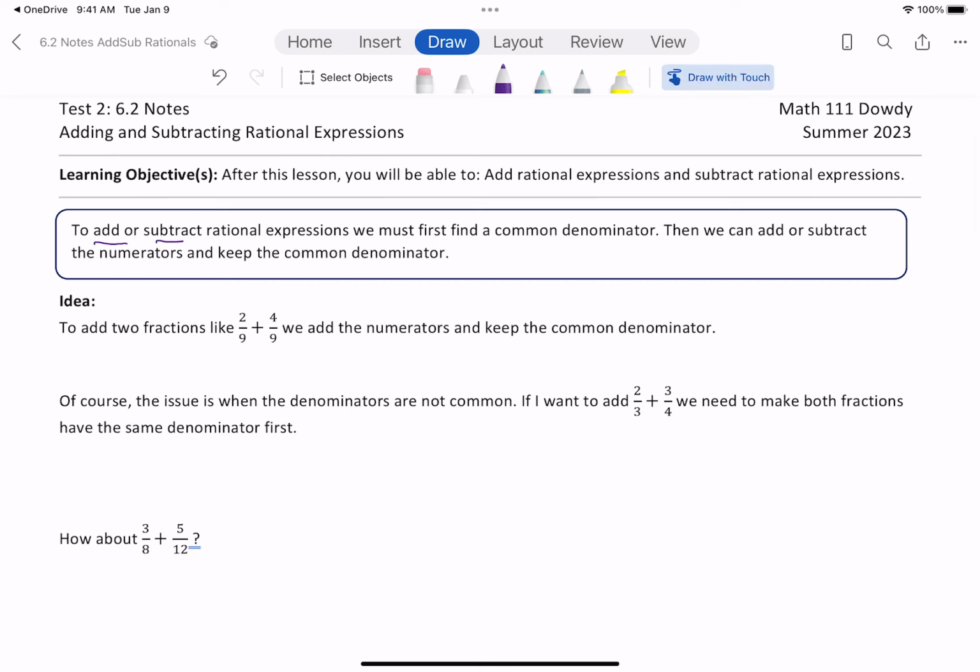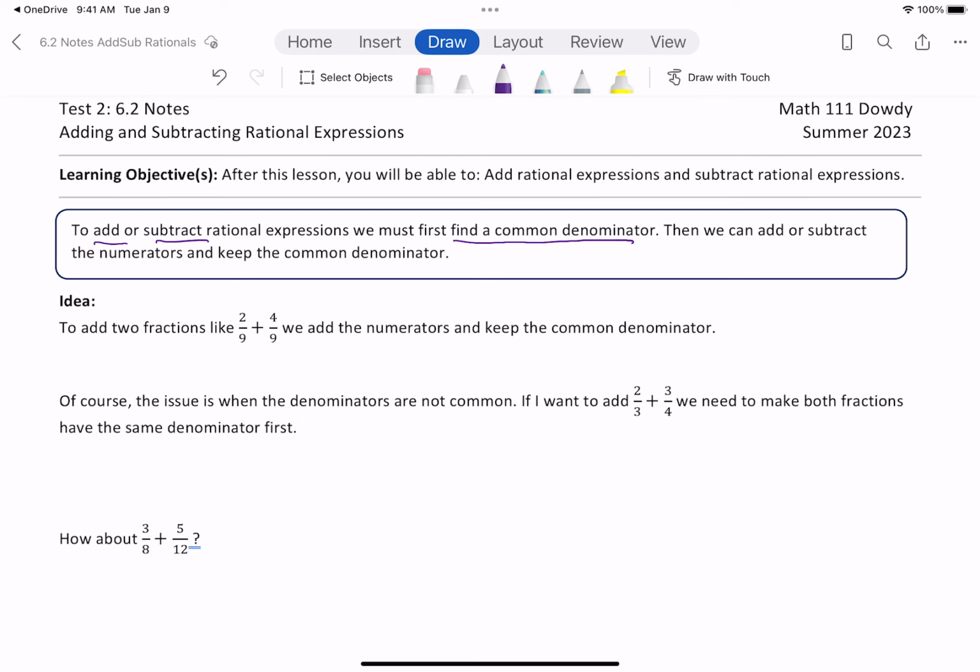To add or subtract rational expressions, we're going to need a common denominator. And then we can add or subtract the numerators and keep the common denominator, just like we did when we were adding fractions.